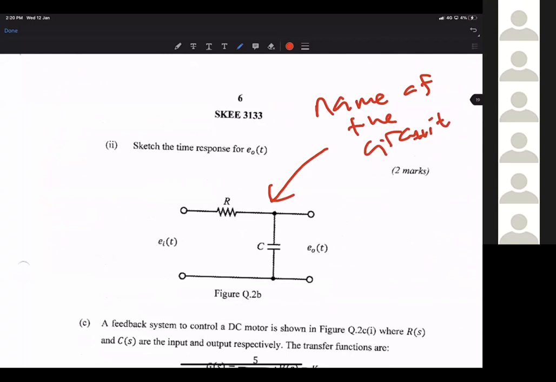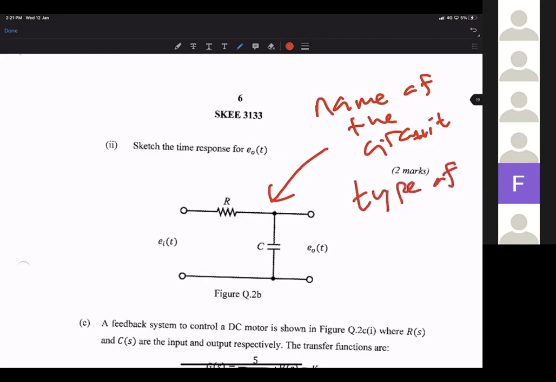Ehsan Aulia, what is the name of the circuit? Capacitor circuit? That's wrong. Afzal, what circuit is this? It has a special name. RC circuit.